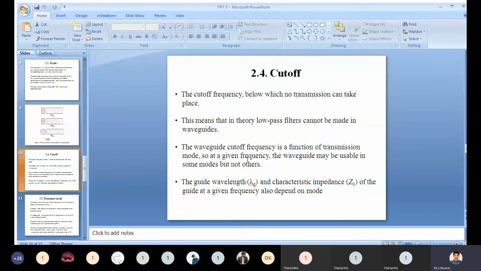You need to remember, depending on mode only are you going to calculate the wavelength and impedance of your waveguide. Based on these two parameters, we calculate the wavelength and impedance of your waveguide filter.